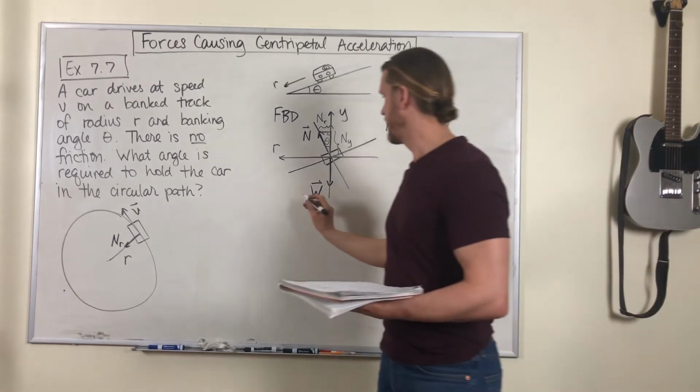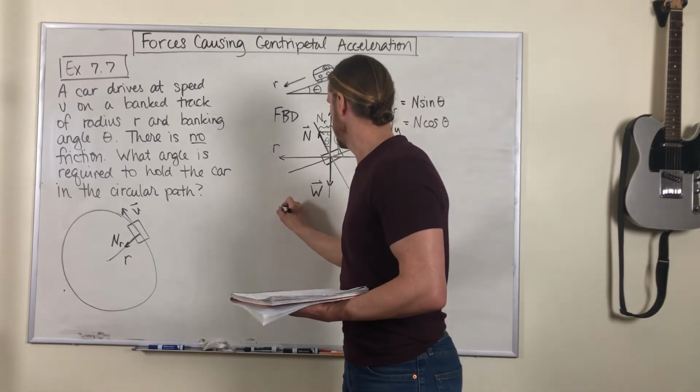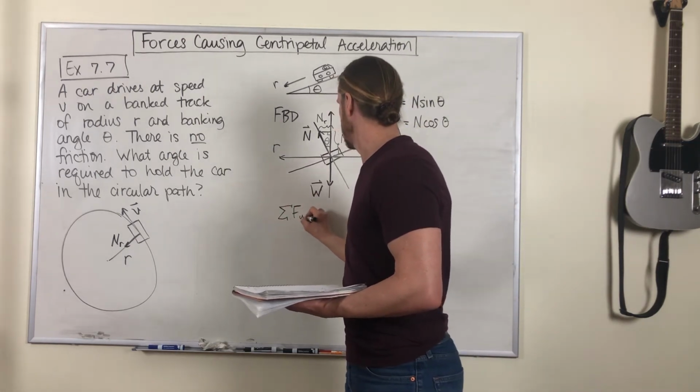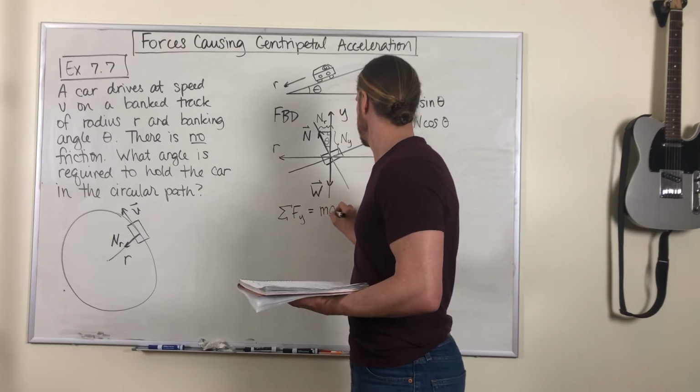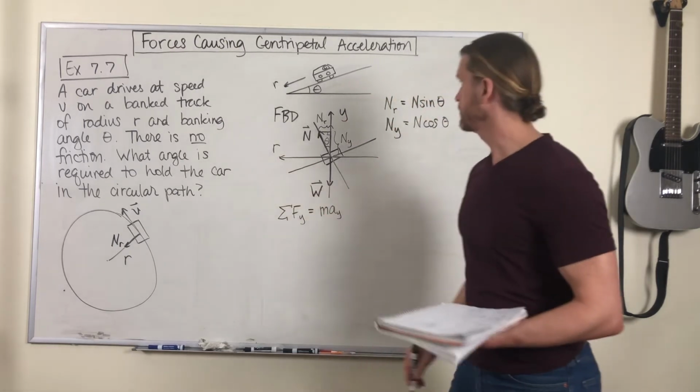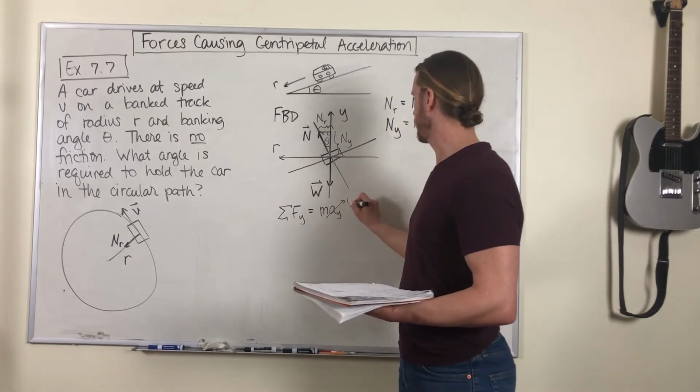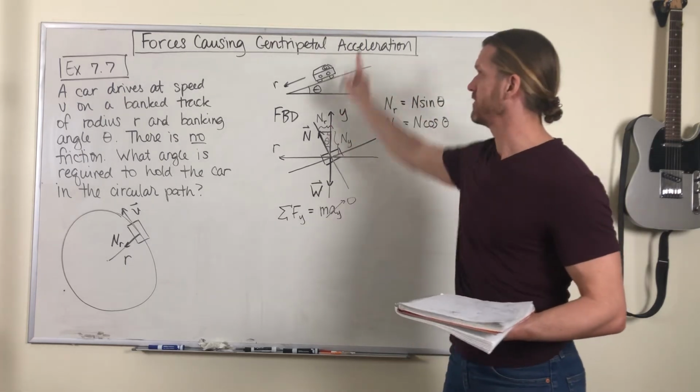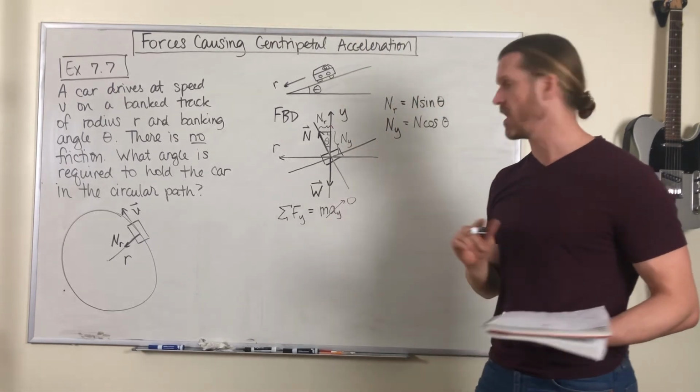We can do that by looking at Newton's second law in the y direction. The car is not accelerating in y, it's not moving vertically up and down, it's staying at the same height.